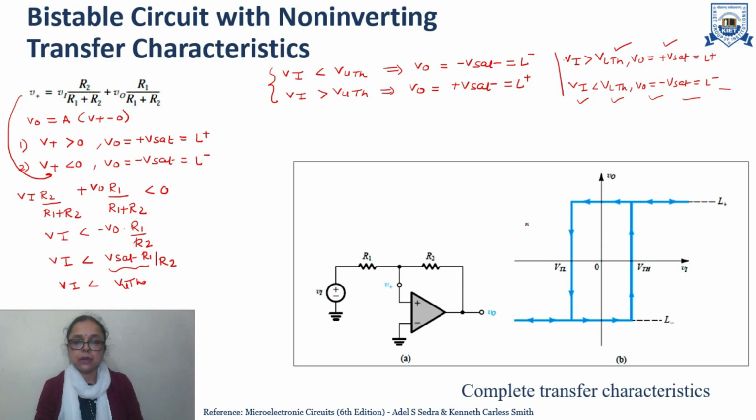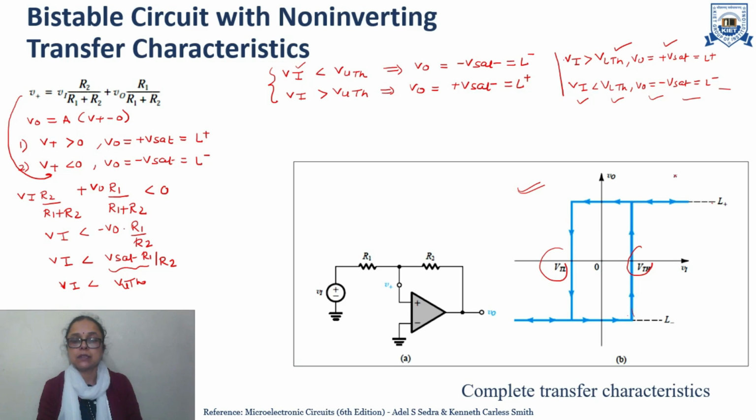Now, we will understand the graph of this non-inverting bistable circuit. The condition is when the input is less than the upper threshold voltage. This is the upper threshold and this is the lower threshold voltage. Whenever the input is less than the upper threshold voltage, the output is minus Vsat, and as it goes greater than this upper threshold voltage, the output will be L plus.